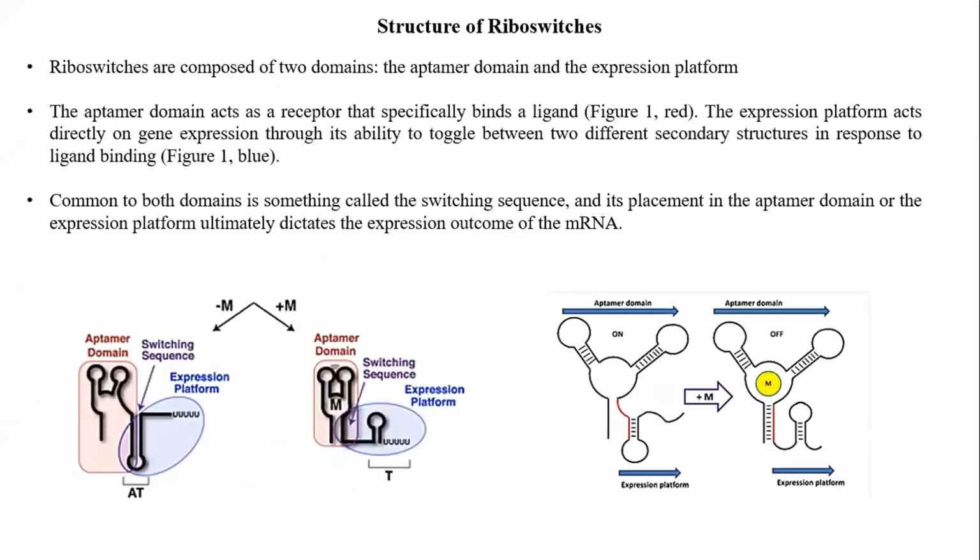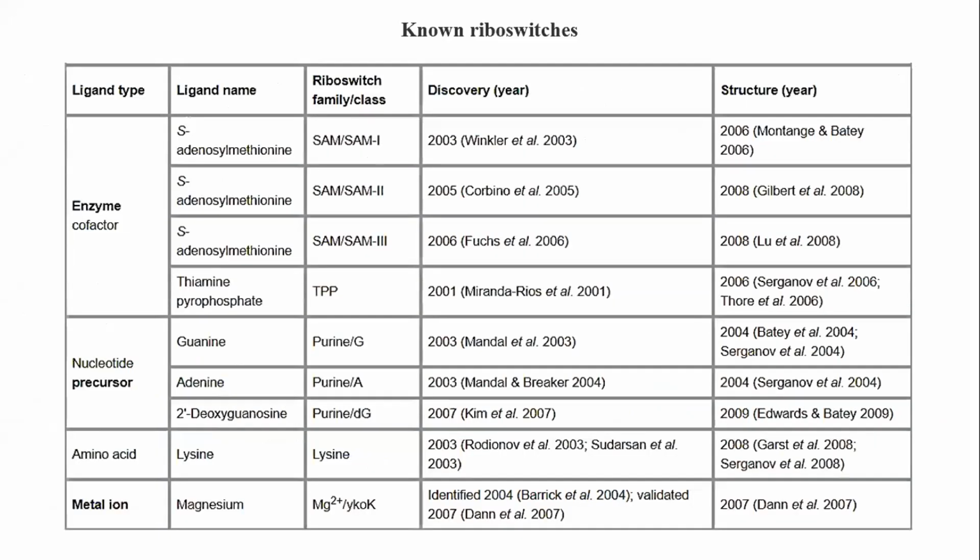So this was about the structure of the riboswitch. These are the known riboswitches. See the ligand type. First is enzyme cofactor. Enzymes require different cofactors for their activity, so here they have listed two types, S-adenosylmethionine and thiamine pyrophosphate. And see the discovery, these riboswitches are also pretty recent.